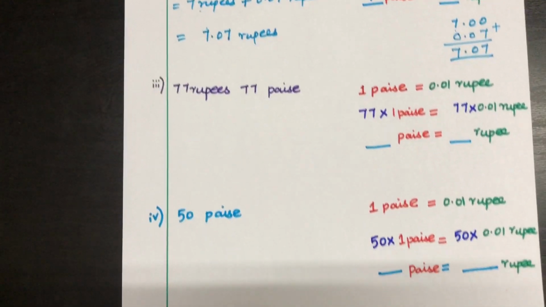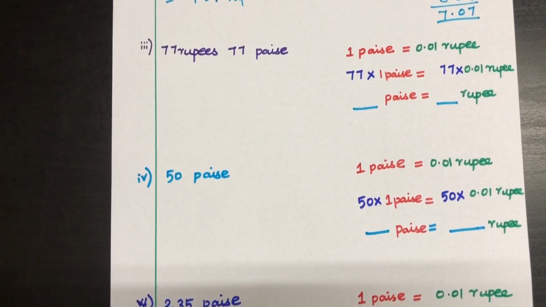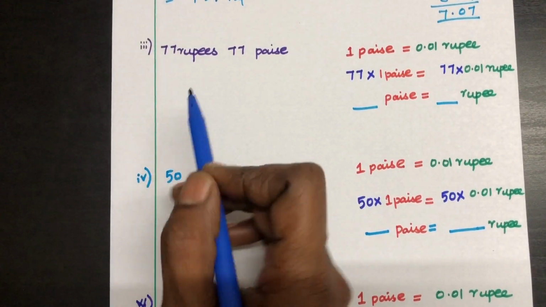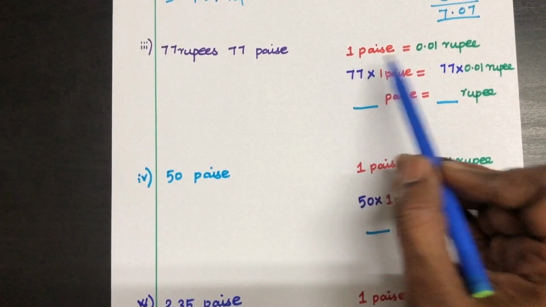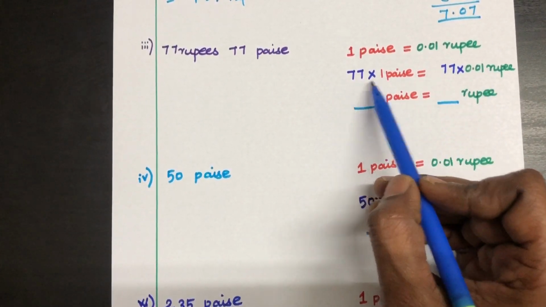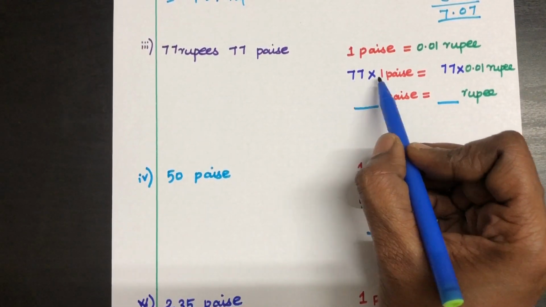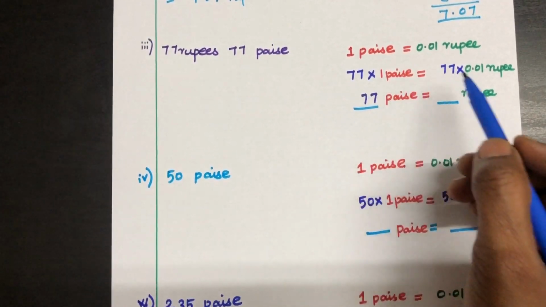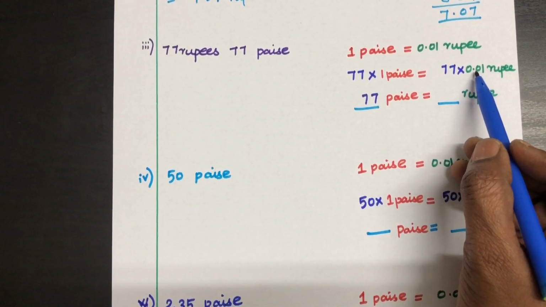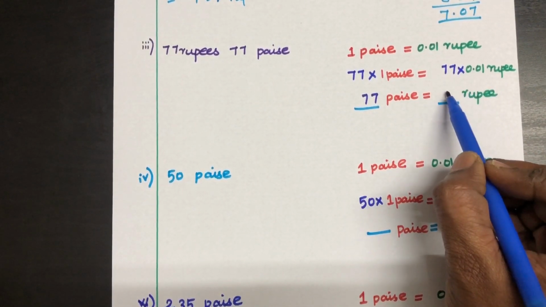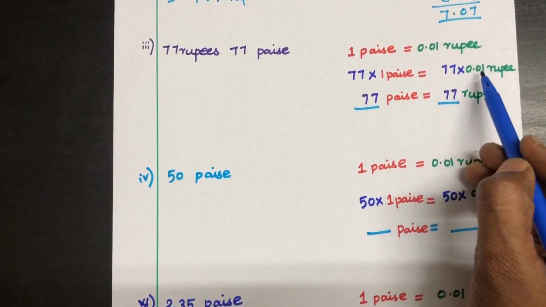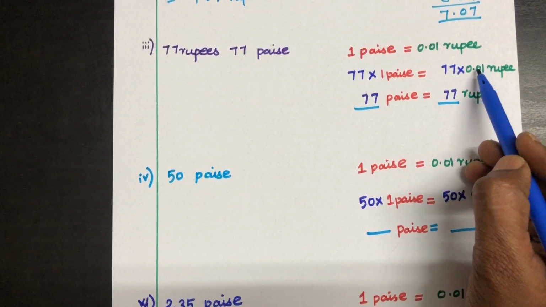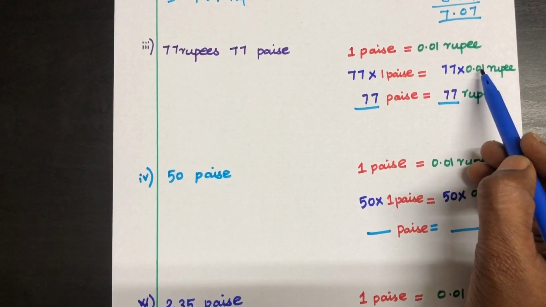This is the conversion. Now 77 rupees 77 paise. 1 paise is equal to 0.01 rupee. So multiply both sides with 77. We will get 77 paise. 77 into 1 paise is 77 paise, and 77 into 0.01. So just multiply 77 into 1, what will we get? 77. We need to see the decimal digits after the point, 1, 2.